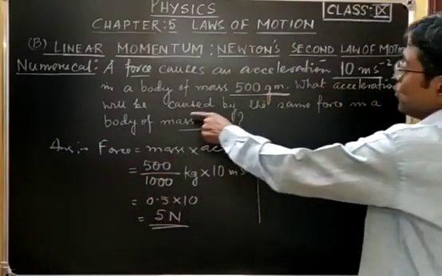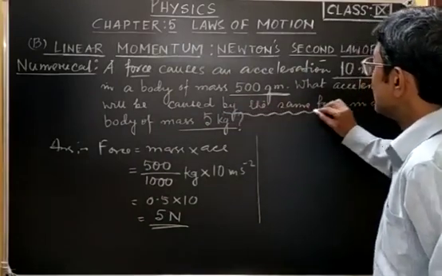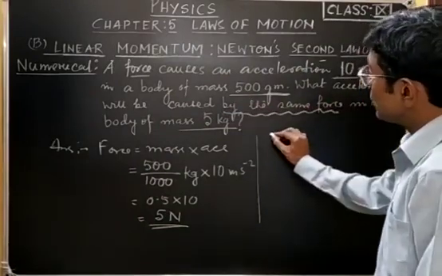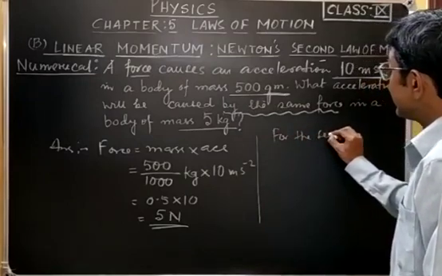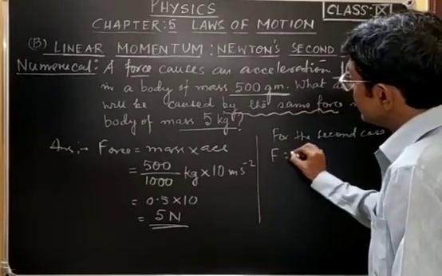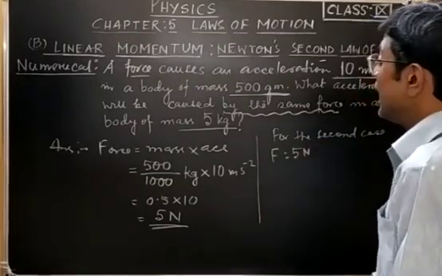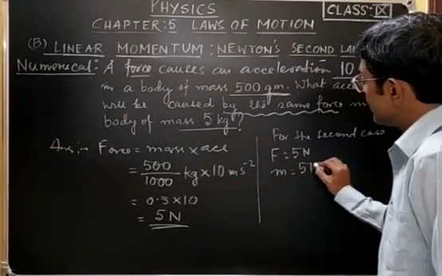Now the second part. What acceleration will be caused by the same force? This is a key word. So for the second case, force applied is 5 Newton. And what about the mass of the object? Mass they have given is 5 kg.